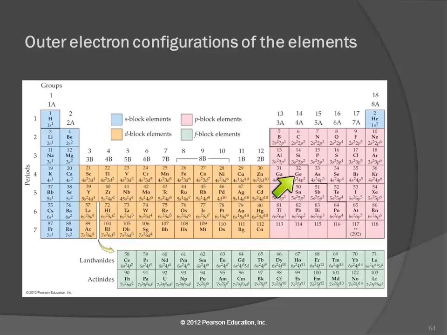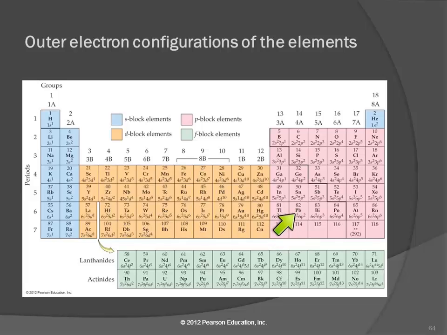So let's look at silicon. It's got 4 valence electrons, and we can see in its electron configuration here, it's 3s2, 3p2. 2 plus 2 is 4 valence electrons. And those are in the 3rd principal shell. It's in period 3. So let's do lead.